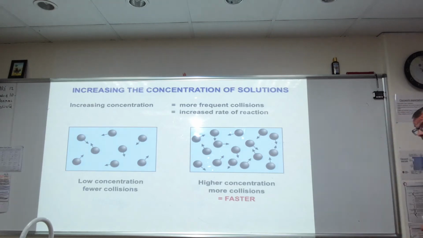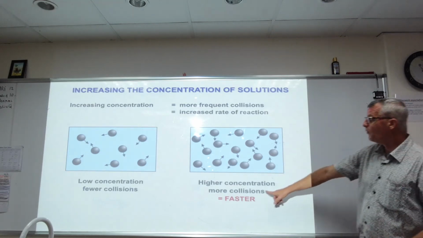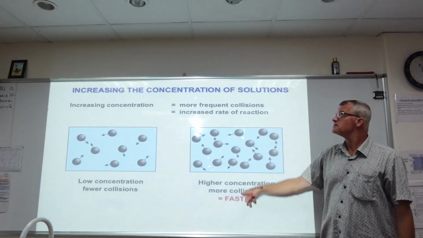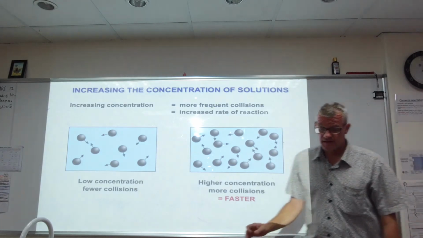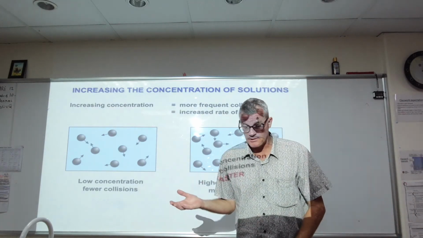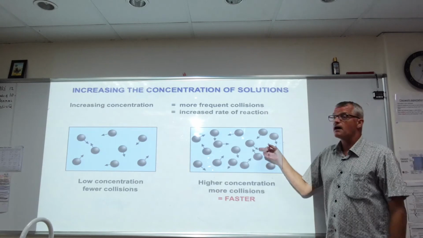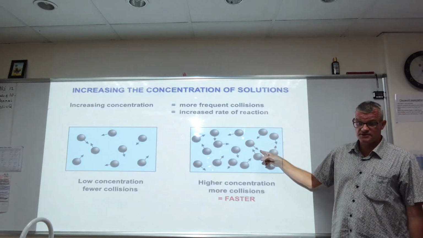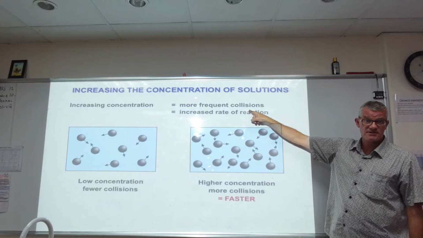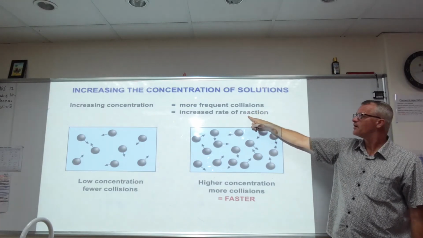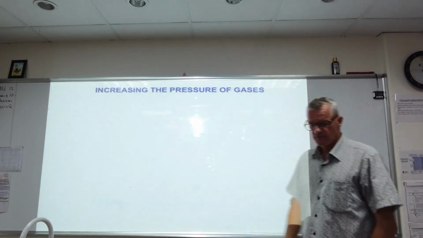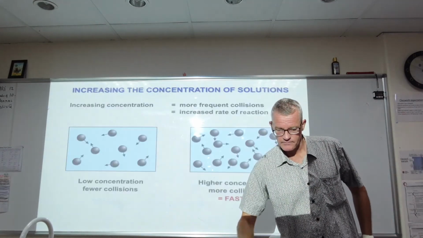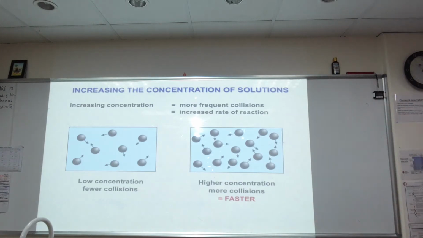If we have a high concentration, more collisions are taking place faster, so increase of the rate of reaction. So it actually boils down that we have a higher frequency of collisions making the reaction faster, increase the rate of reaction. Okay? The same happens when, just make it, I'll give you time to pause the video and make a note of this.